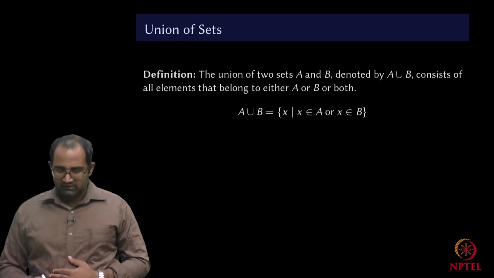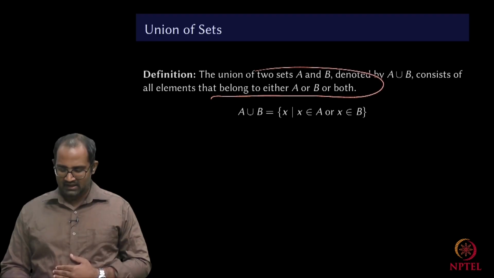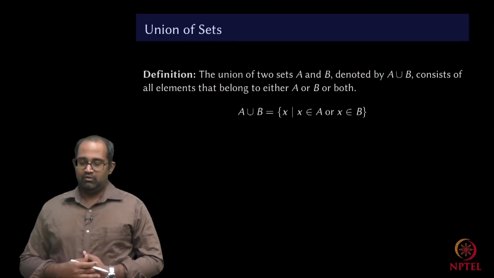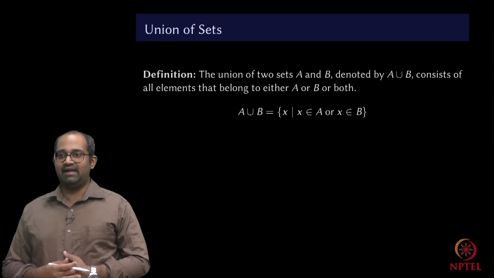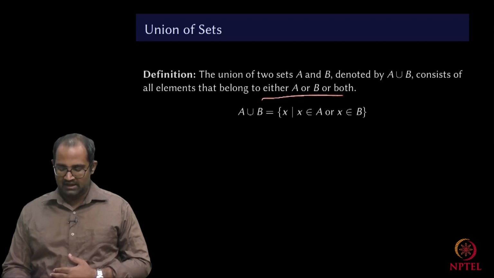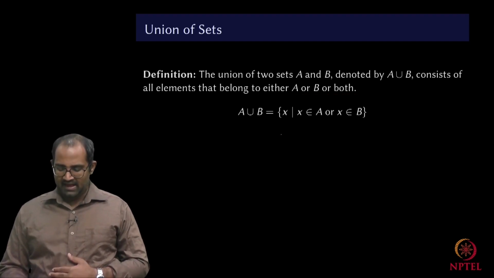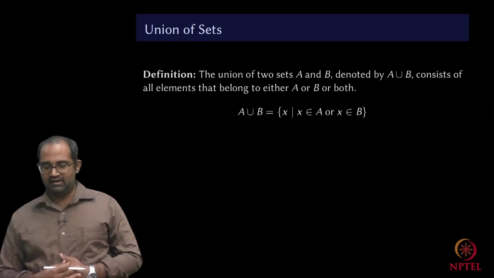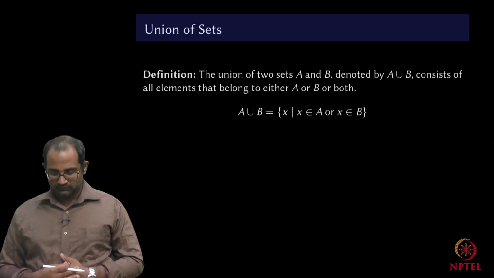So, the union consists of all those elements that belong to either A or B or both. Notice that in mathematics the OR is always inclusive OR, but for emphasis I have written either A or B or both. So, that means A union B is the set of X such that X in A or X in B. That is the definition of a union.